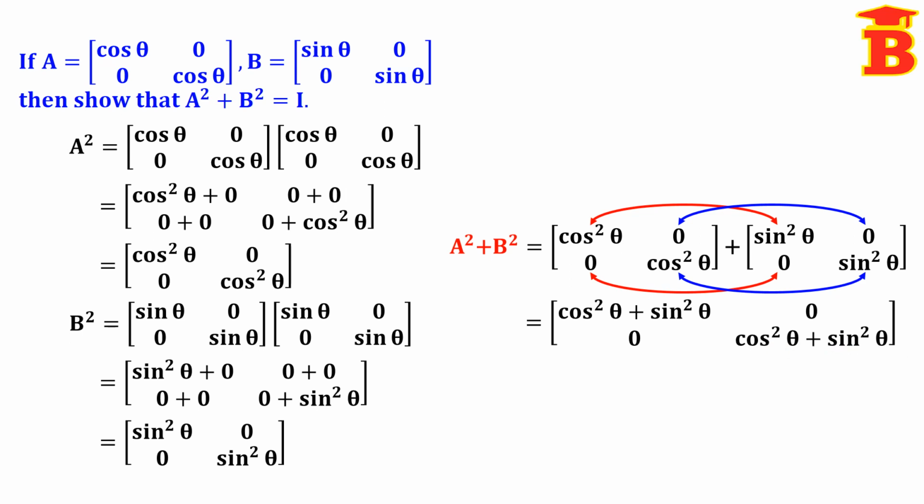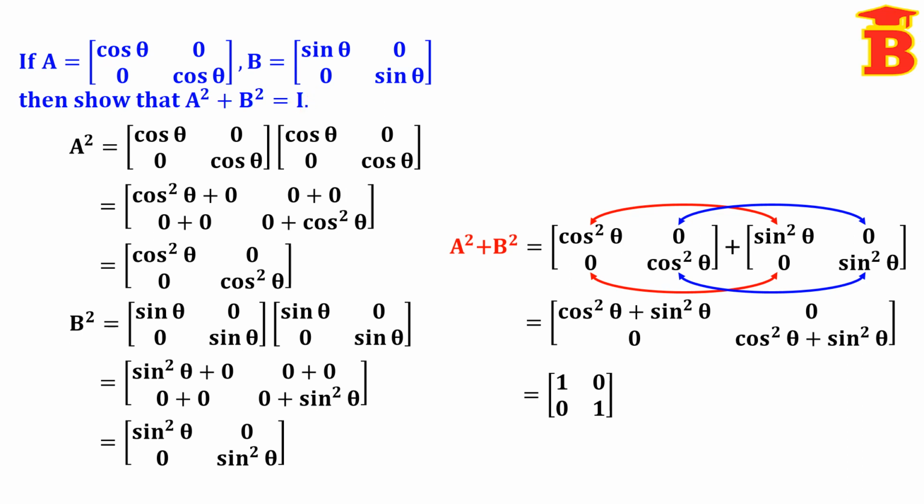And we know the trigonometry formula, cos square theta plus sin square theta is 1. So using that formula, this is equal to [1, 0; 0, 1]. And this is nothing but the identity matrix. In this step itself, if you look at the right hand side, we have to prove that I, that is the identity matrix.